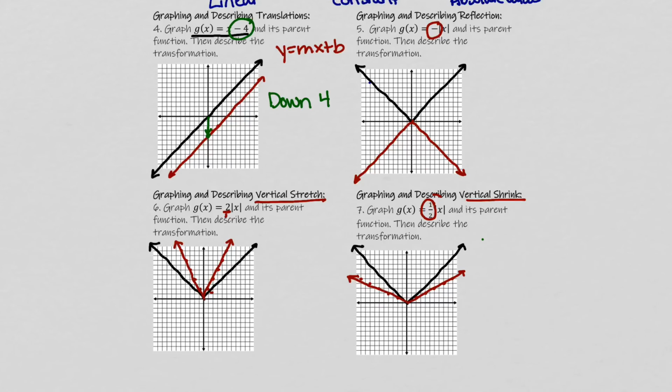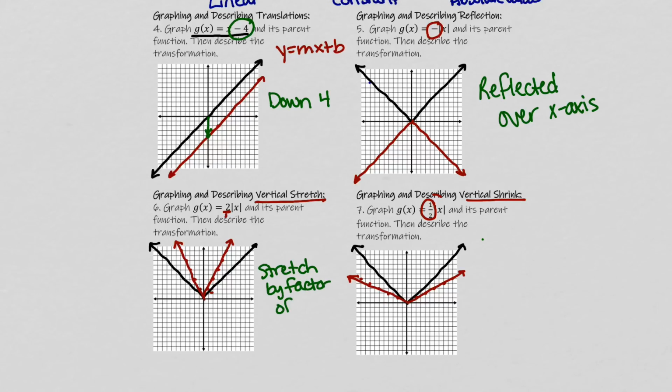Okay. Now I realized I was supposed to describe these transformations. So if we go back up to number 5, so this reflected over the x-axis. Okay. Number 6, it is a vertical stretch by a factor of 2, because that's that number out front.